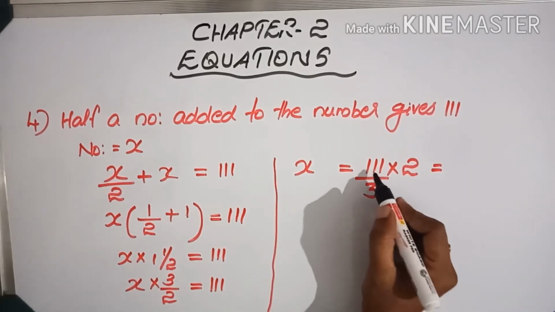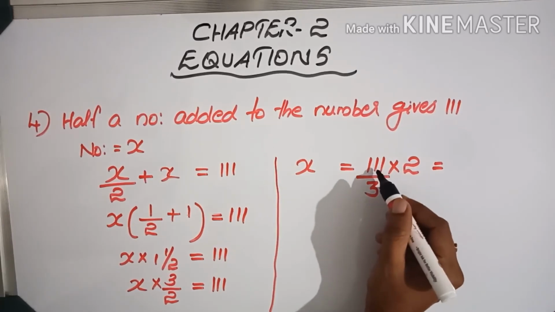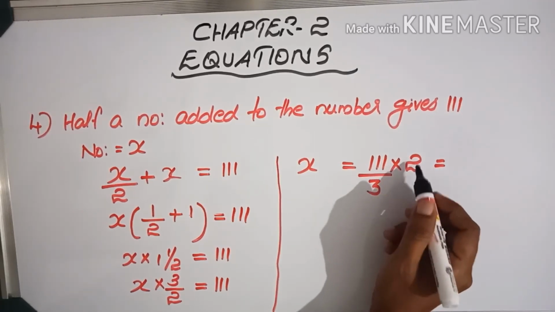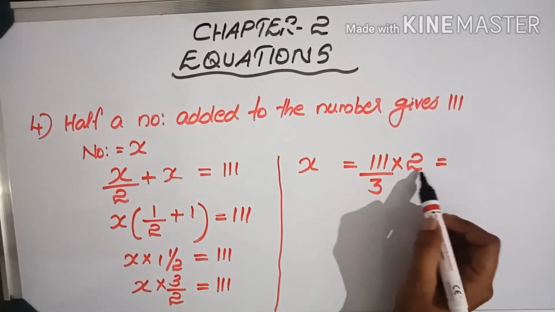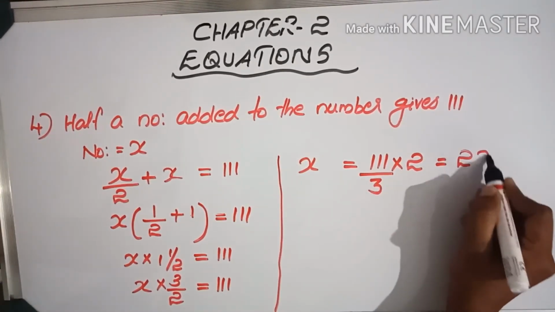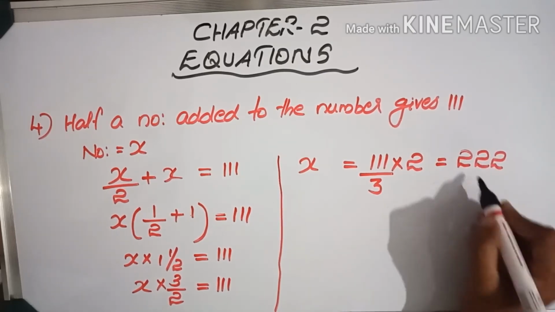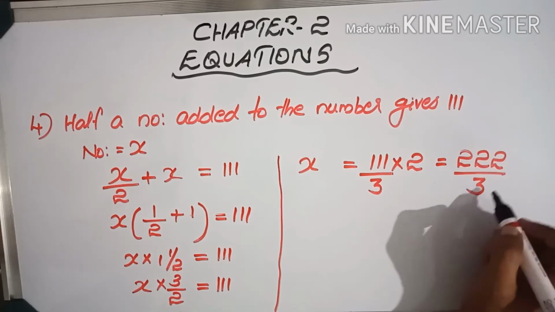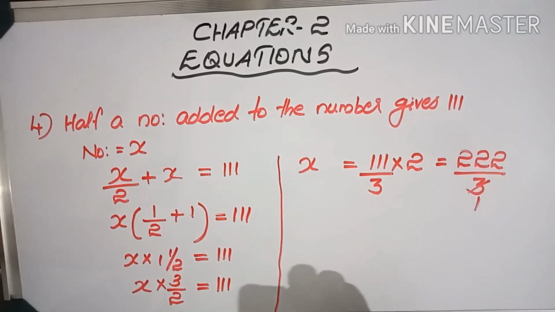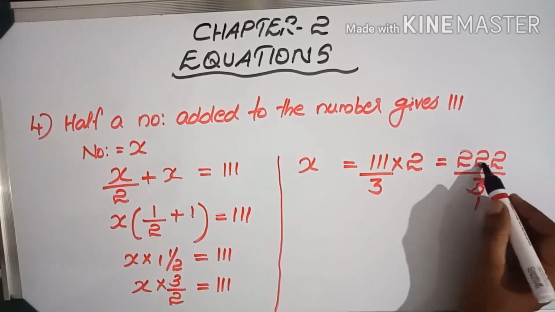Here 3 and 111. 111 into 2 by 3. So 111 into 2 is 222, divided by 3. Let's divide. In 3 only 1 3. In 2 no 3s, then consider 22.